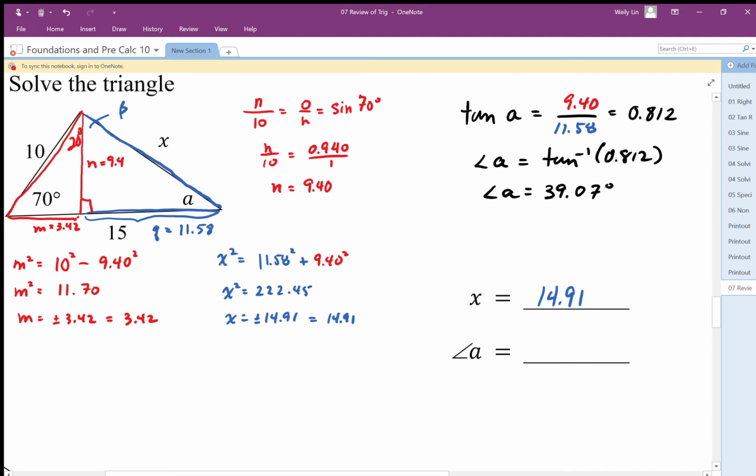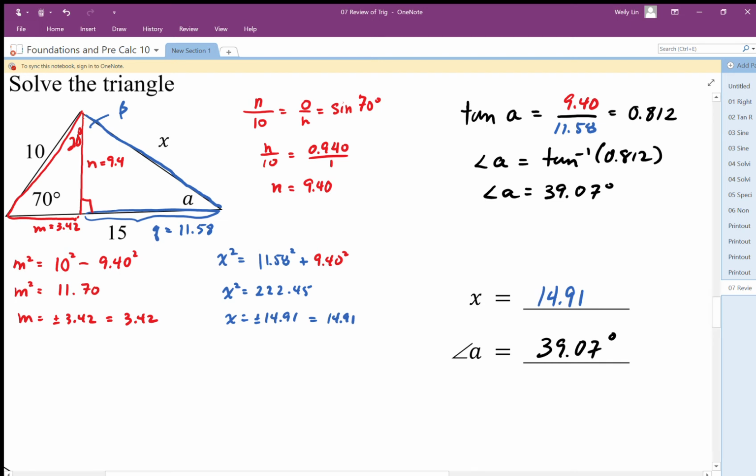So somewhere around 39 degrees. Again, my number is going to be inaccurate because I've done some rounding somewhere, so this 0.07 is really not all that accurate. But I'm going to keep my two decimals anyway. As long as your answer is somewhere around 39 degrees, you've done the right calculation.